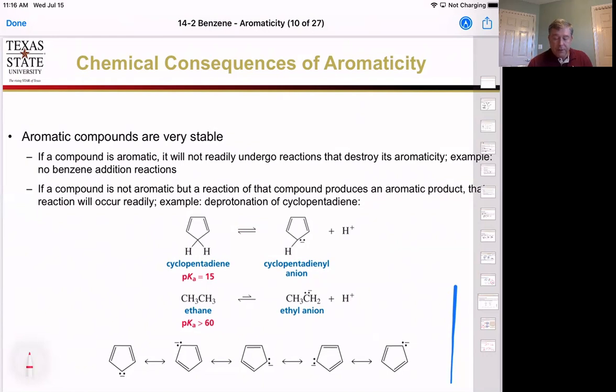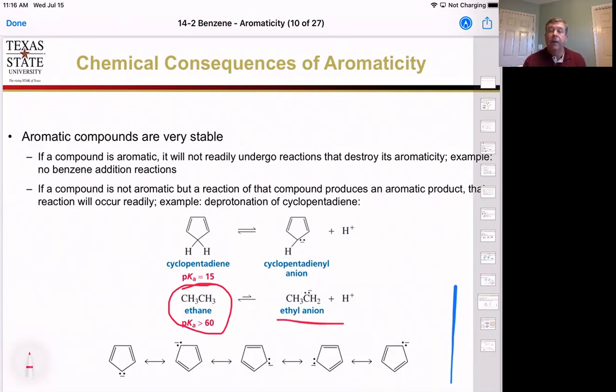So if we look at just the hydrogen at the end of something like ethane, that's an sp3 hybridized carbon, and we know that's the least acidic type of carbon-hydrogen bond, and it has a pKa of around 60. Okay, so those are very hard to remove. In fact, we rarely ever actually remove those with a strong base. We use them as a base once we create them.